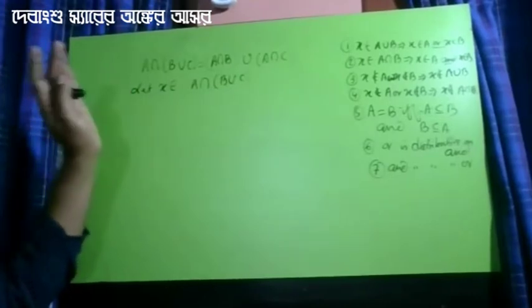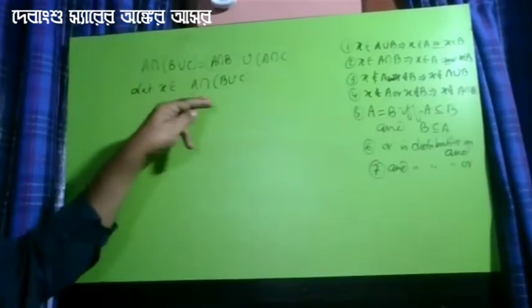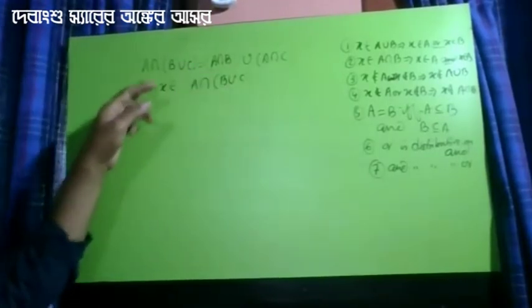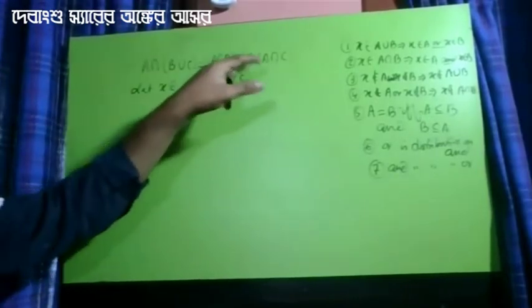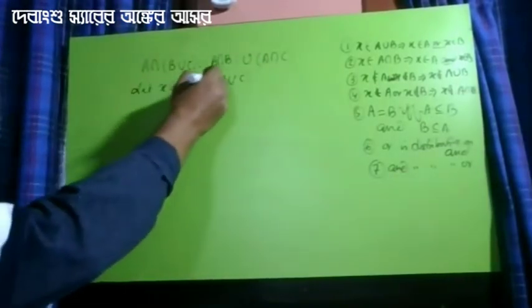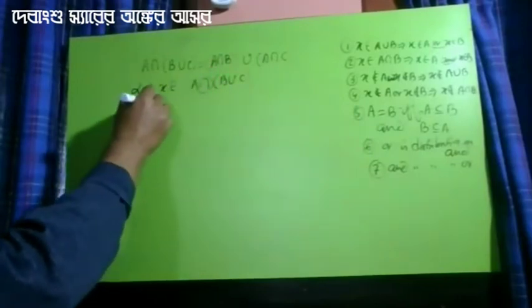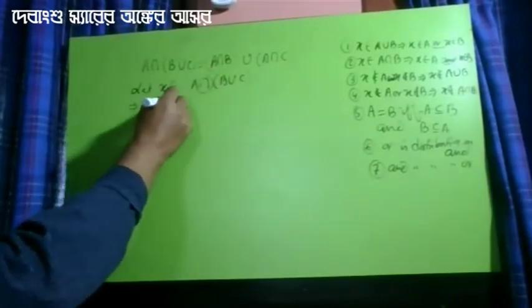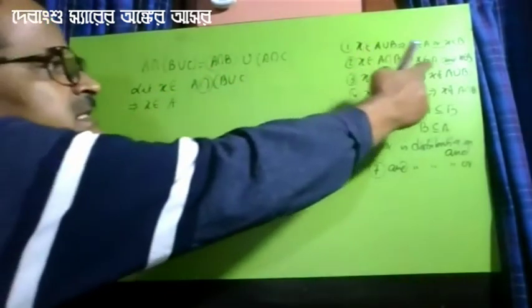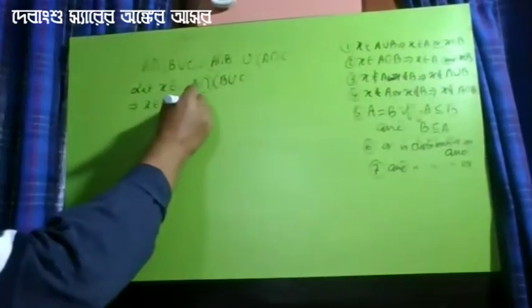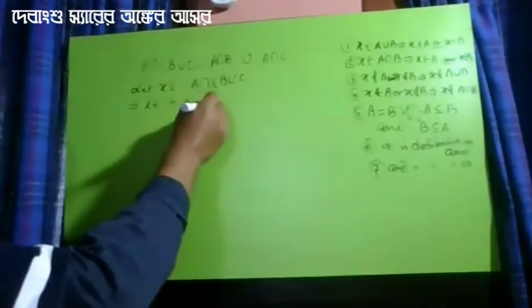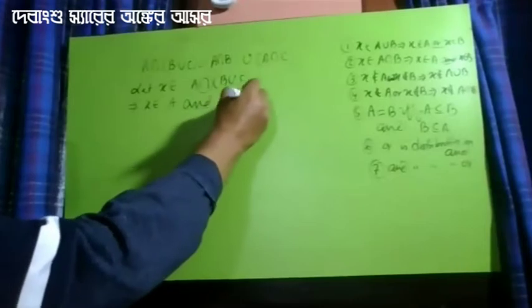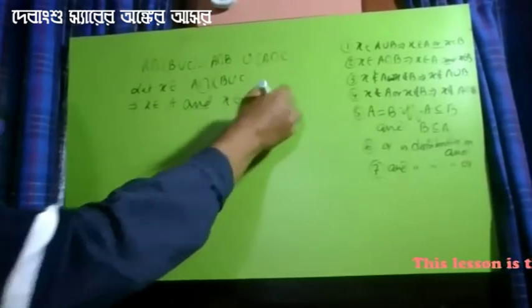X represents all the elements of this set. So if X belongs to this, it will establish that all elements of this set are elements of this. Now since it is AND, X belongs to A, AND means AND. A intersection implies AND. Now I use AND. X belongs to B union C.